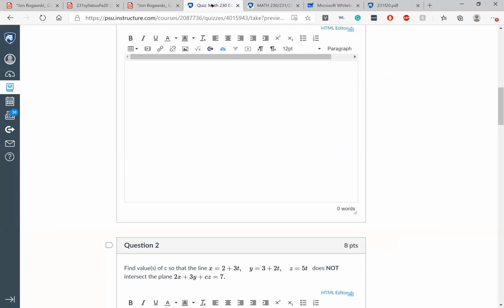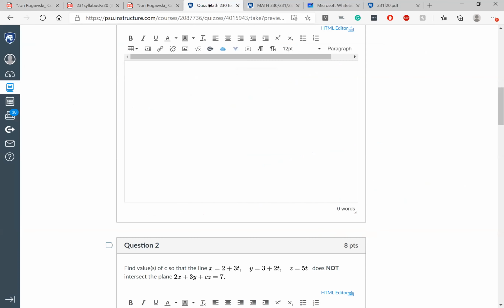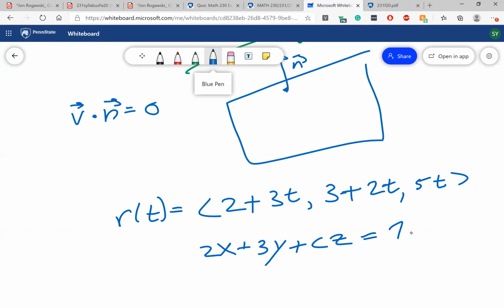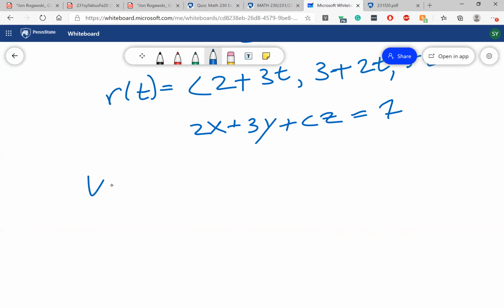Okay, so first the vector v is equal to 3, 2, and 5.